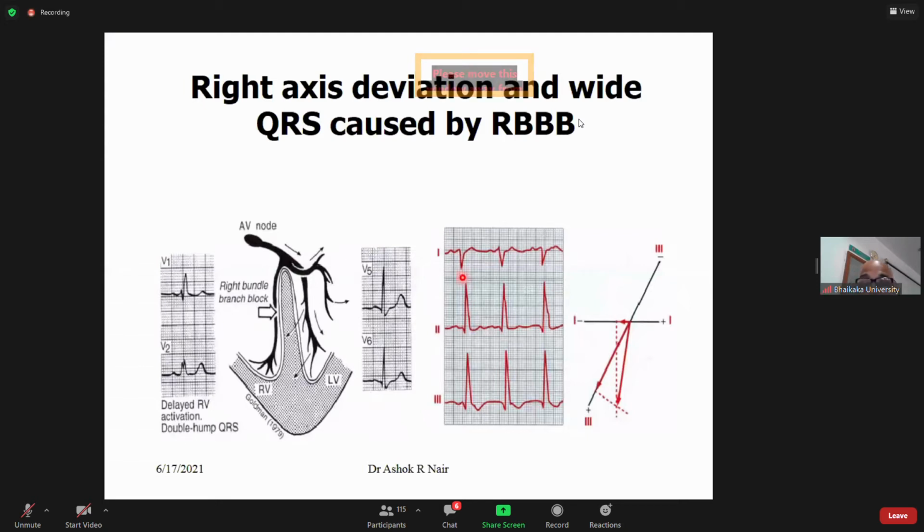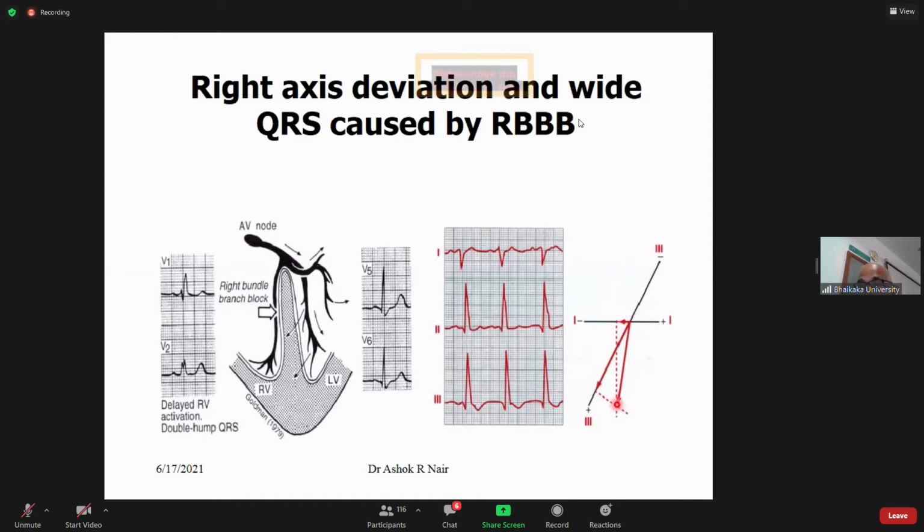Around 8. 8 is a net negative deflection. So you plot in this graph. Then in lead 3, number of positive deflections minus number of negative deflections, net QRS. So number of positive deflections, let's say 23 minus 3, let's say 20. So plot 20 here.